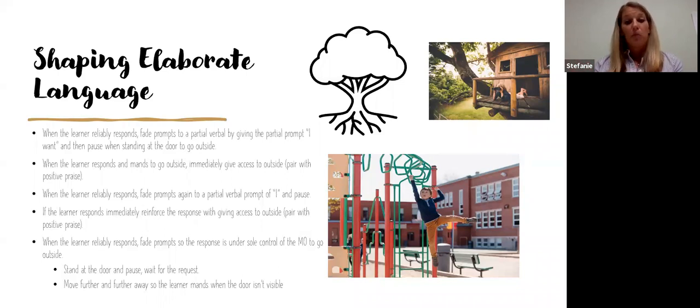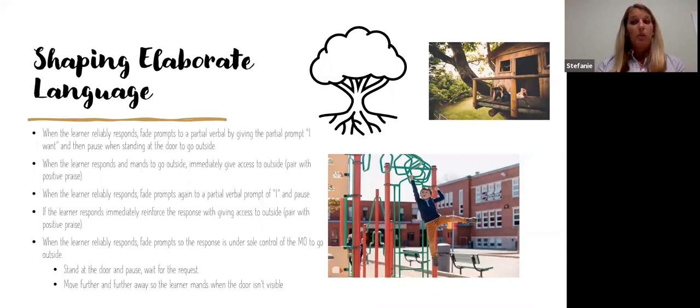When the learner is able to fill in after you give the partial verbal, I want, and pause, and they say, I want go outside, then open the door, let them out, and have lots of fun. We're going to play with them and continue the process. When the learner reliably responds, fade the prompts again and do the partial verbal for just I. We're giving them a very short part of the sentence, saying I, and having them fill in the blanks: I want go outside.